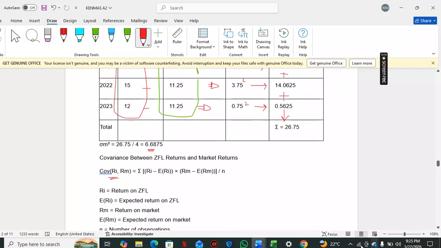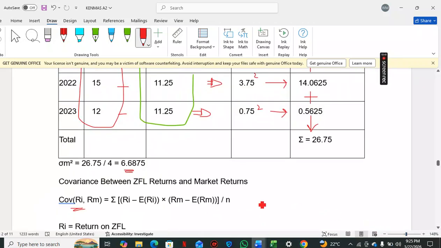So here's the formula now for the covariance. Each of the deviations for ZFL multiplied by the deviations for the Lusaka Securities Exchange. The deviations for both Zambezi Farms Limited and the Lusaka Securities Exchange, we're going to multiply those deviations.